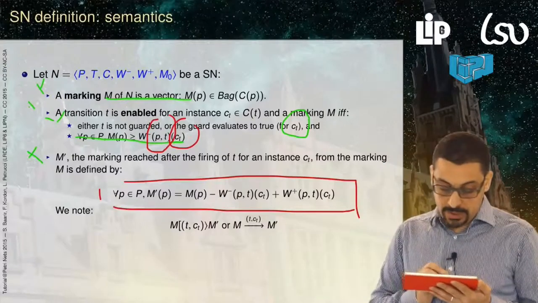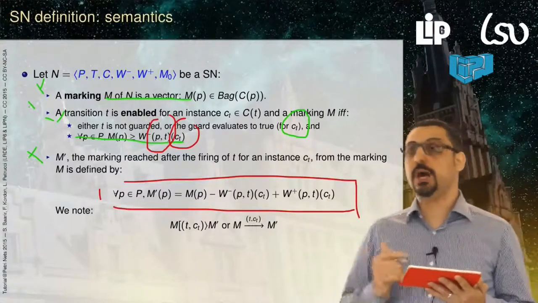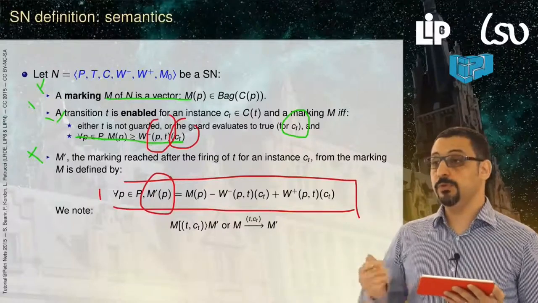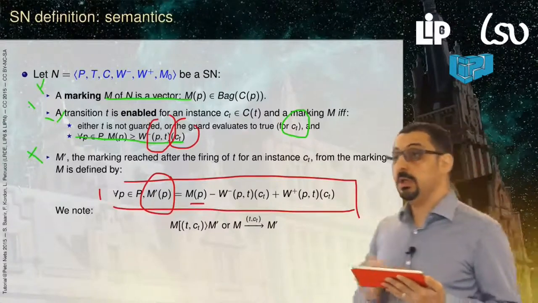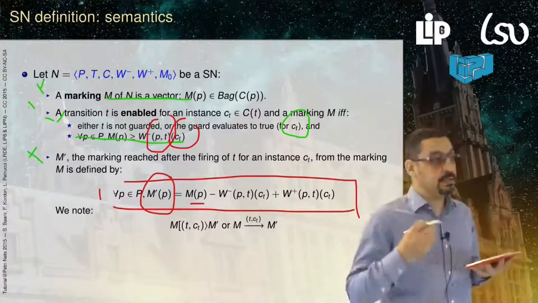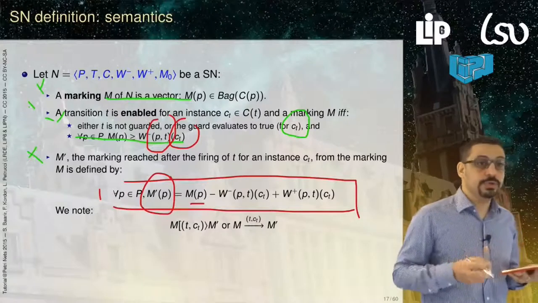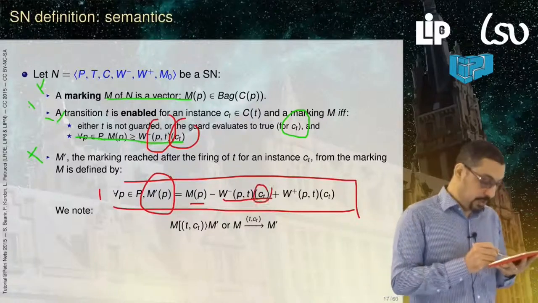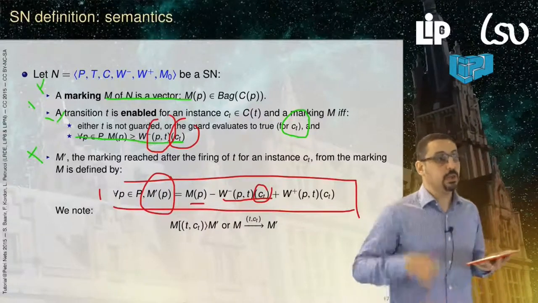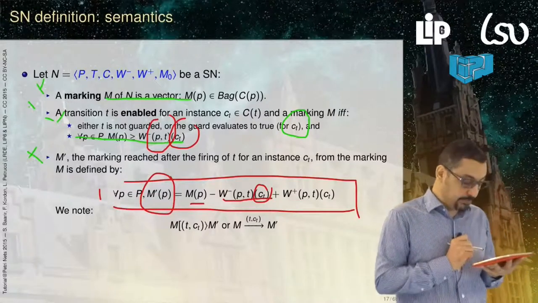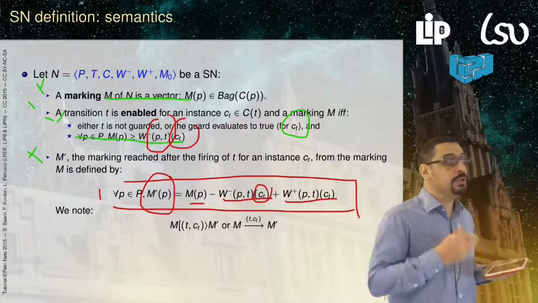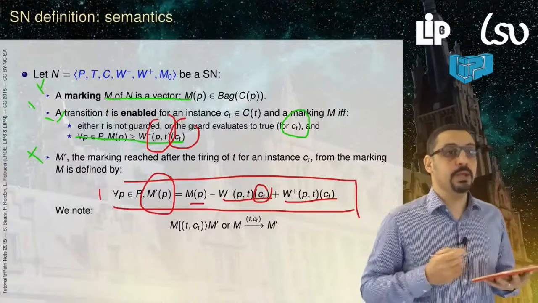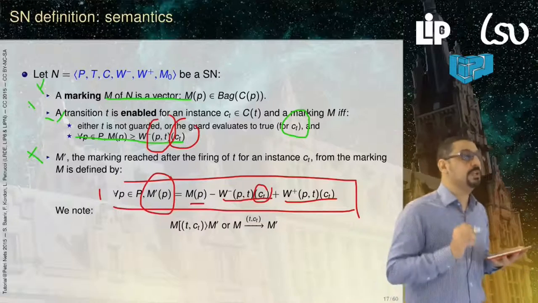For each place P, the next marking of this place, noted M prime of P, is computed from the actual marking of P, from which we remove the bag of tokens indicated by the backward incidence matrix for the color CT, and we add, because we have a minus here, the set of tokens indicated by the entry PT with respect to the color CT.